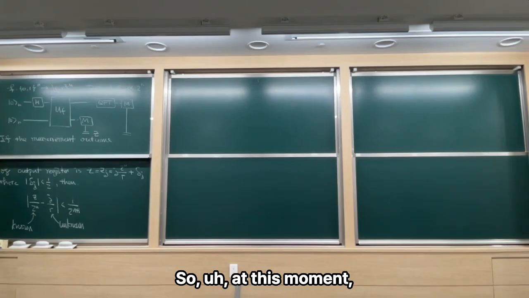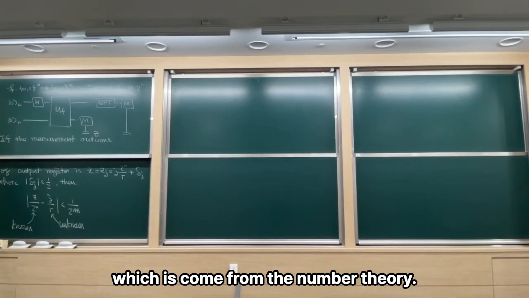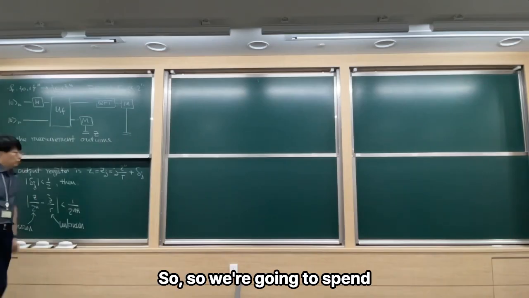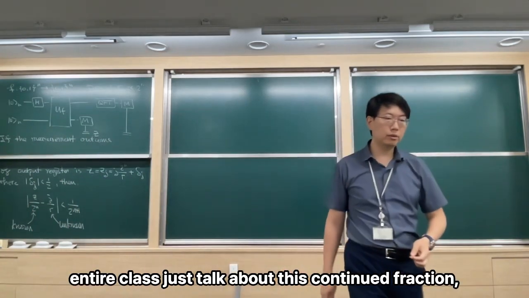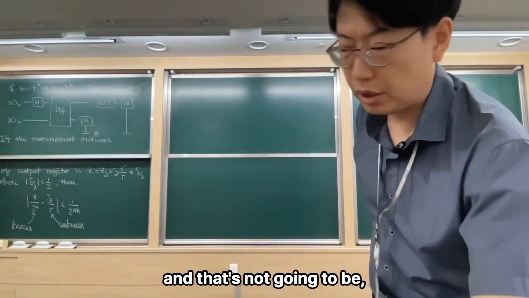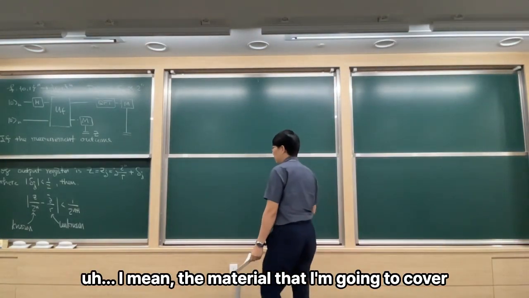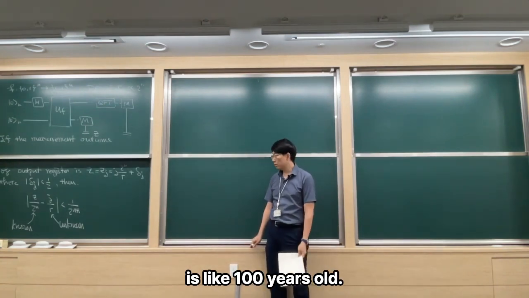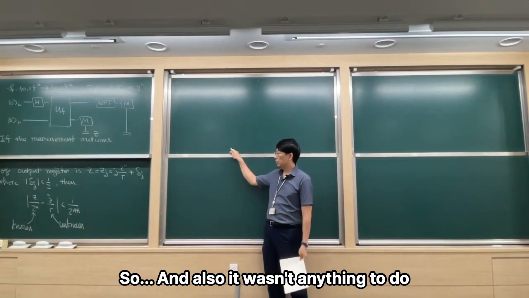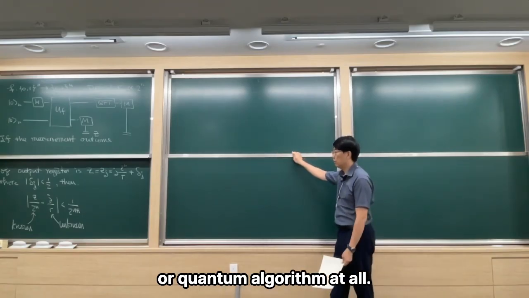At this moment, we have to use the continued fraction, which comes from number theory. We're going to spend the entire class talking about this continued fraction. The material that I'm going to cover is like 100 years old, and it had nothing to do with the quantum Fourier transform or quantum algorithms at all.